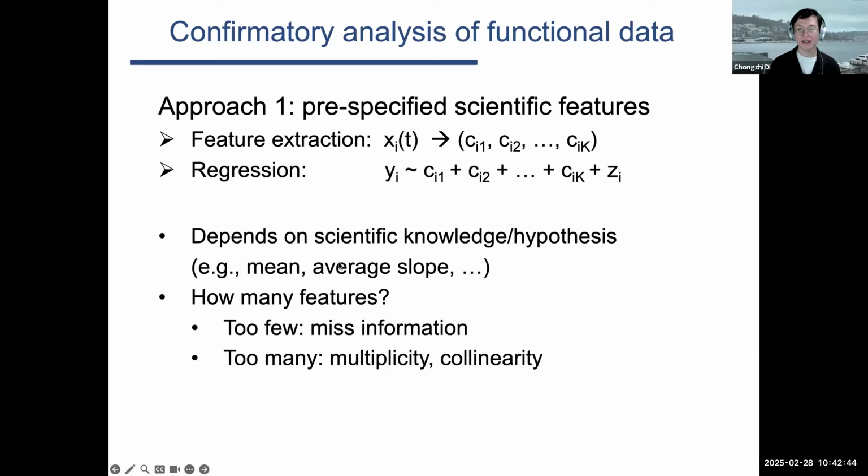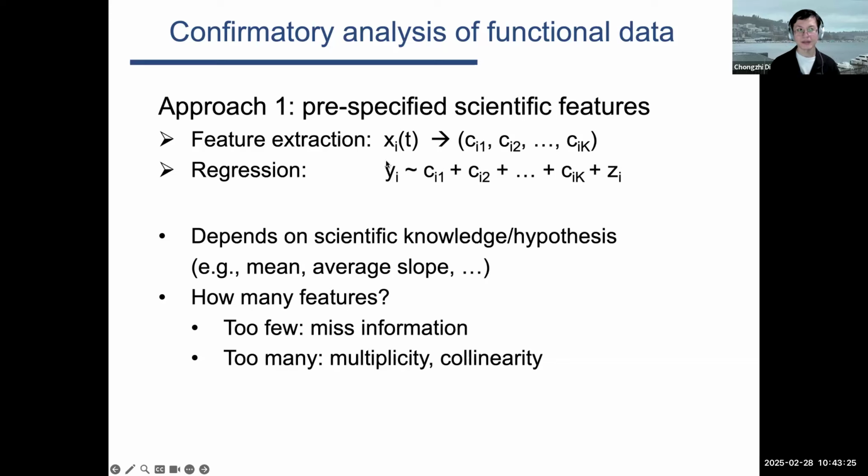You could think of the average slope, even though it's not necessarily linear. You can still use the average slope as another feature. If you know there are different stages of growth, you can divide the time interval into a few parts, maybe the early part and the later part. In each part, you can calculate a mean or slope. So you can construct a few different summary metrics or features using your scientific knowledge or hypothesis.